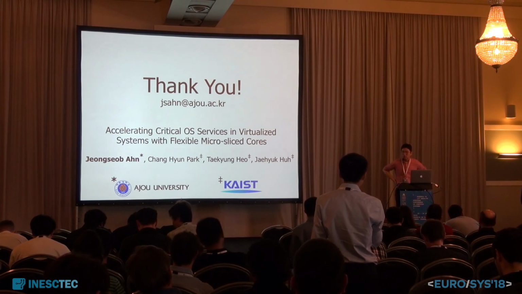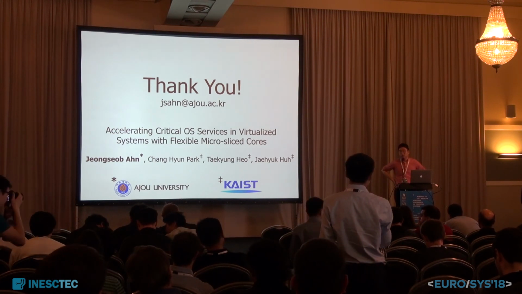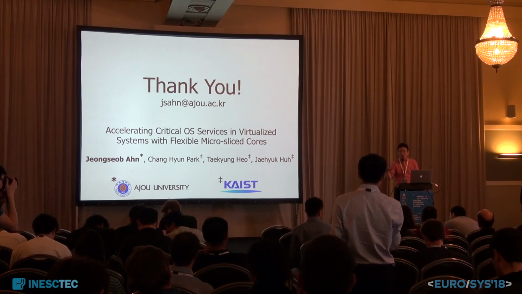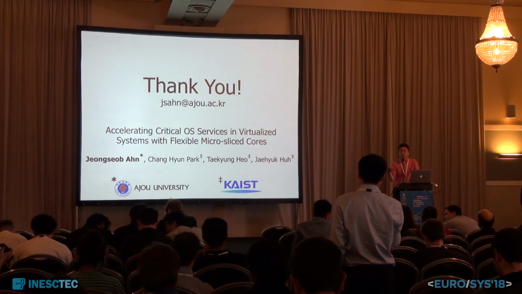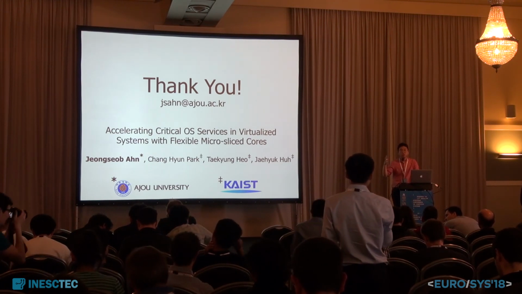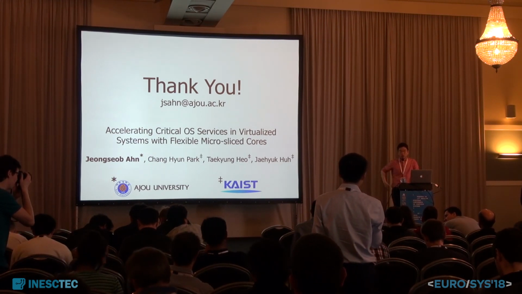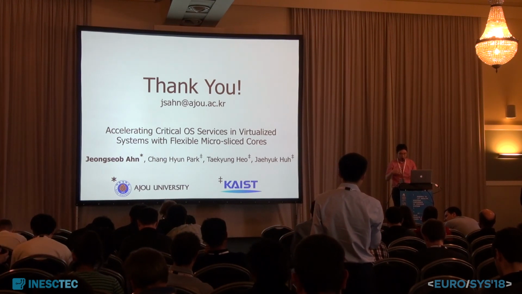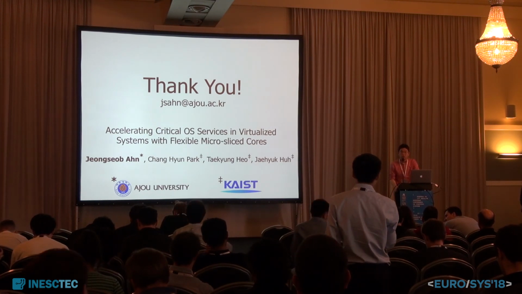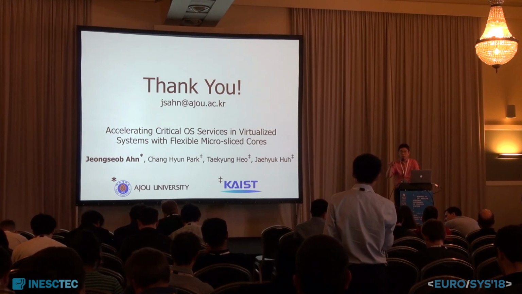In this study we focus on the critical sections in the kernel of the operating system, but we didn't consider critical sections at the user level, because this problem occurs very frequently in the kernel instead of the application. That's why we focus on the kernel execution.